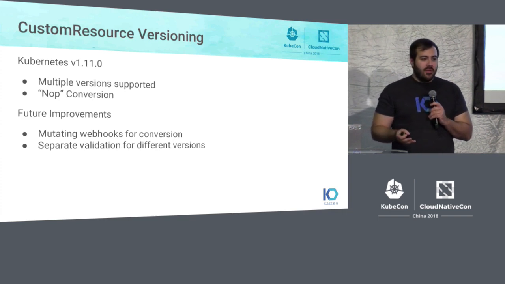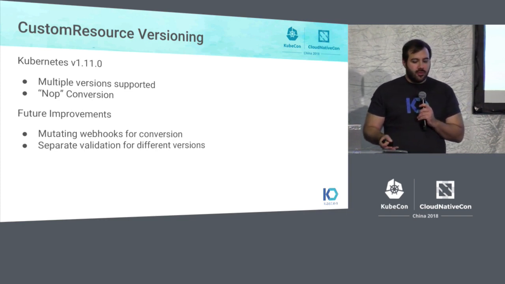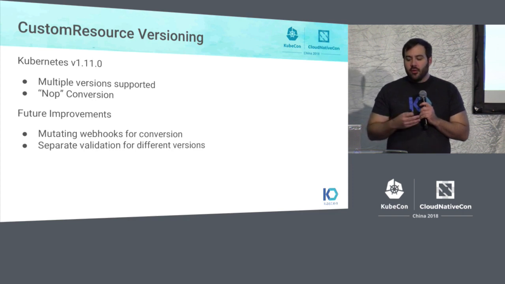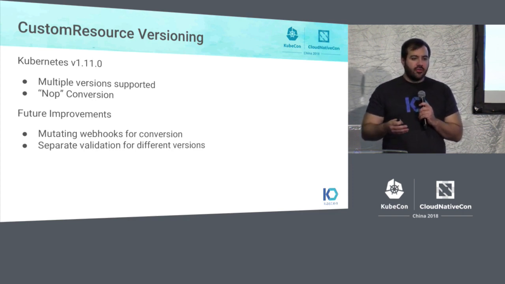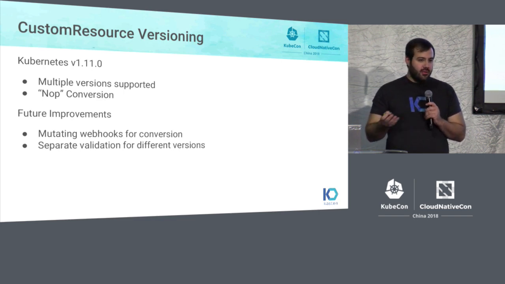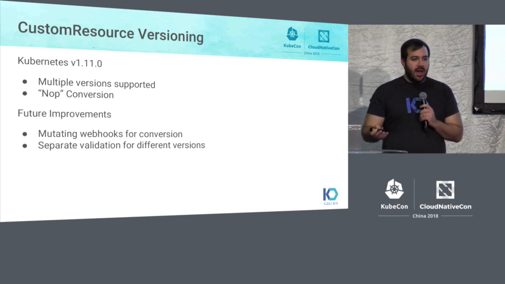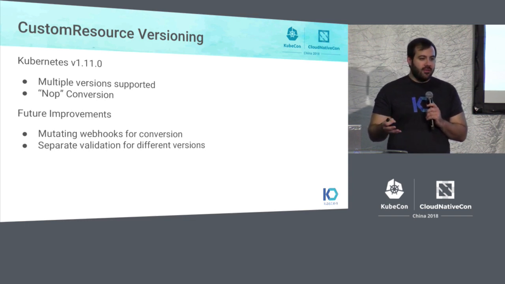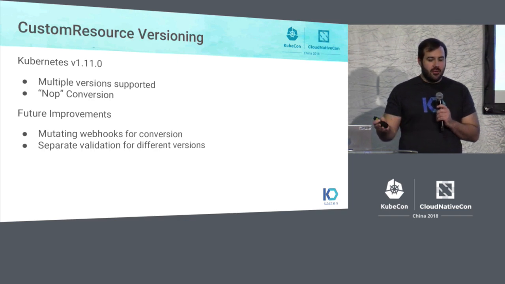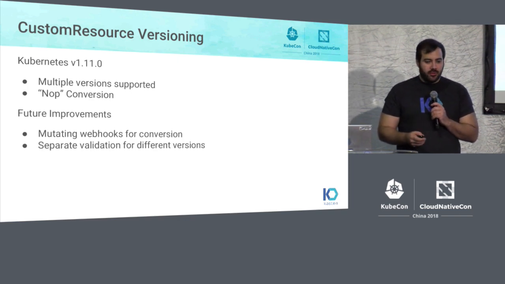Luckily, in Kubernetes 1.11, they added support for multiple versions for custom resources, which is really good. However, the support is still relatively limited. The conversion between different versions of these objects is very simplistic. They call it the no-op, or basically a pass-through conversion. Luckily, there are discussions around adding more advanced conversion code, as well as adding specific validation for each version of your object. So we definitely look forward to those.